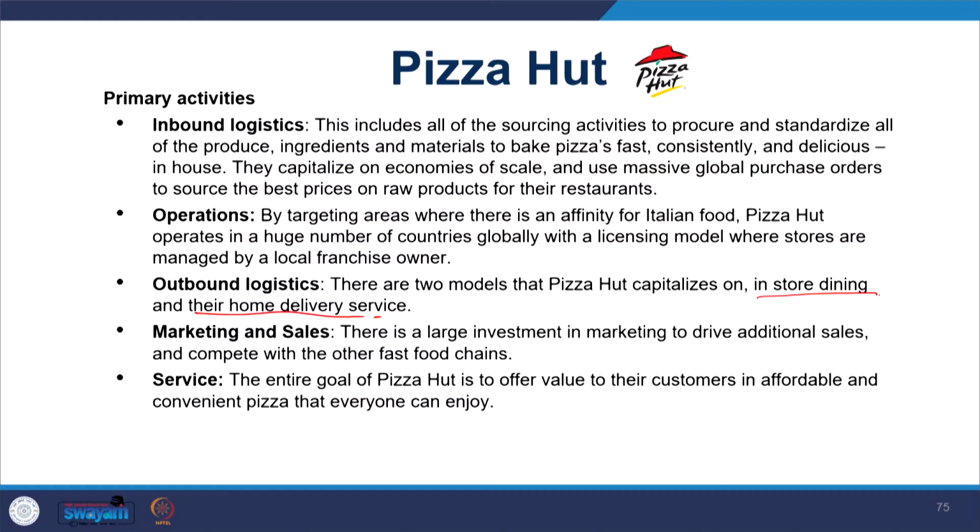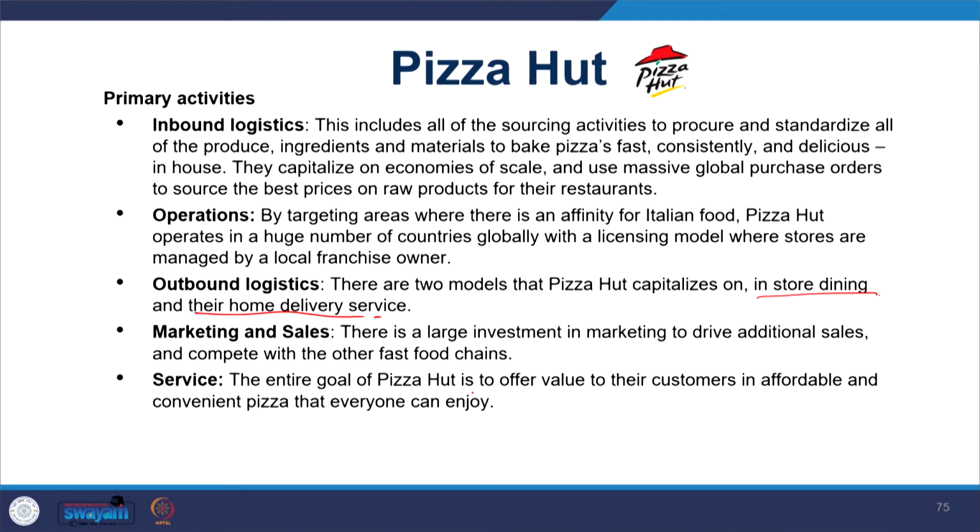Then they spend a lot of money on marketing and sales. They make a lot of investment in marketing to drive the sales. So you will find a lot of advertisements, promotions, coupons, all this and that to attract the customers, right. Service becomes very important as a differentiator. As I have said, the entire goal is to offer value to the customers in an affordable and convenient way, right, so that people can enjoy their products.